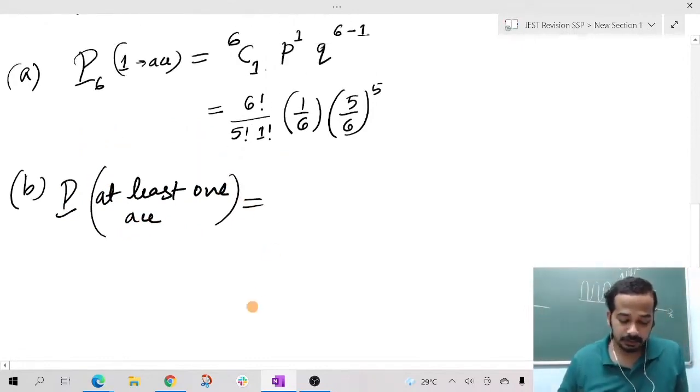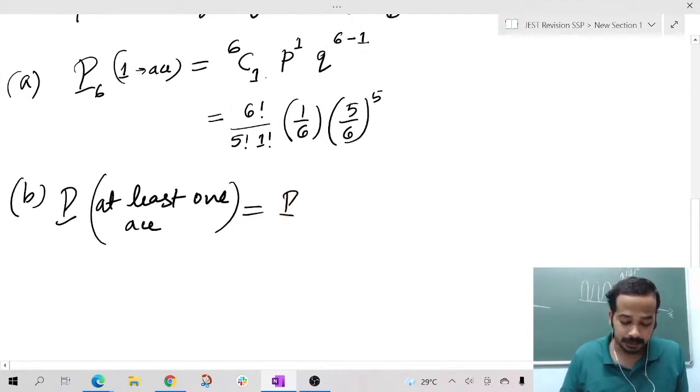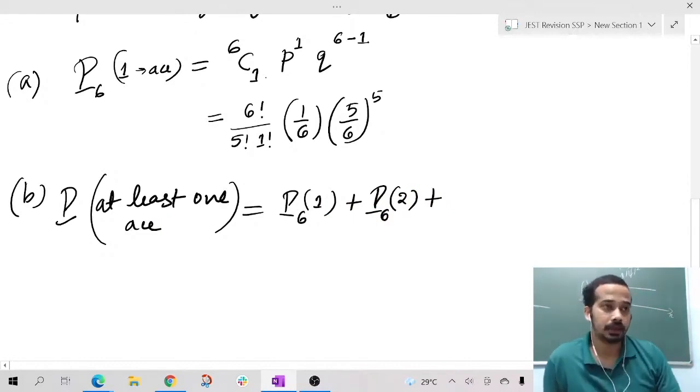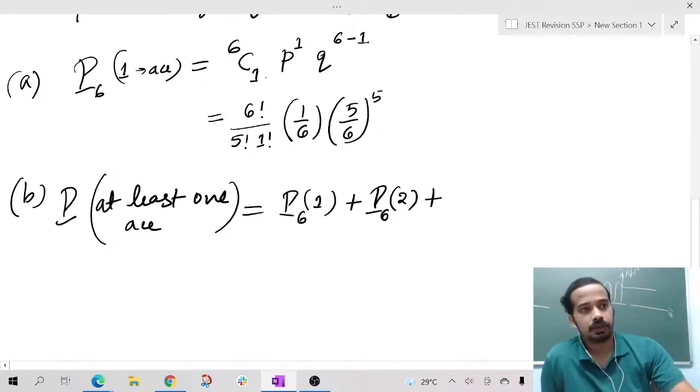Again, what do you mean by this one? This means probability out of 6 trials of getting 1 ace plus probability out of 6 trials of getting 2 aces, isn't it? At least 1 ace means minimum number is 1, am I right? After you throw that 6 times, 2 times also ace can happen, 3 times also ace can happen.